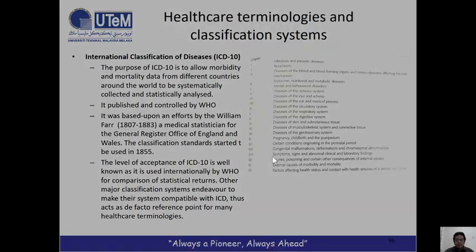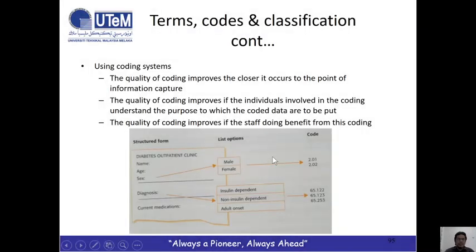Okay, so now I hope you understand what is a term, a code, and a classification. We use term, code, and classification not only for clinical terms. We use all types of codes in the application, like the sex code I showed you just now, diagnosis code, and what else? Race code, nationality code.